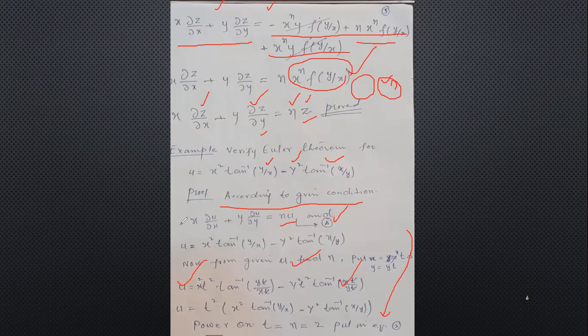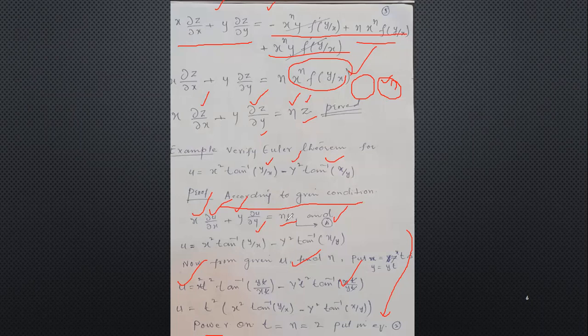Now we take the left hand side. In the left hand side, first we find the partial derivative of u with respect to x, then multiply with x. Similarly, we find the partial derivative of u with respect to y, then multiply with y. And after that, we get n into u.